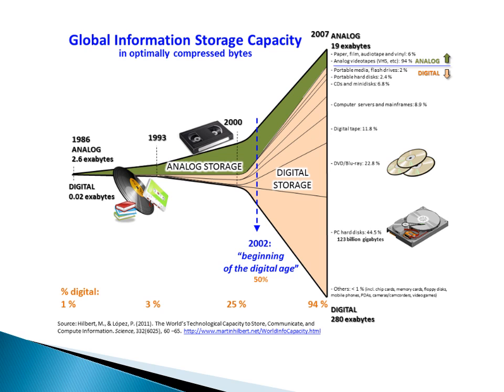Analog are cassette tapes, records, books, non-digital representations. There were some digital pieces of information, but a very small amount. As a matter of fact, only 1% of the overall information capacity on Earth was digital.